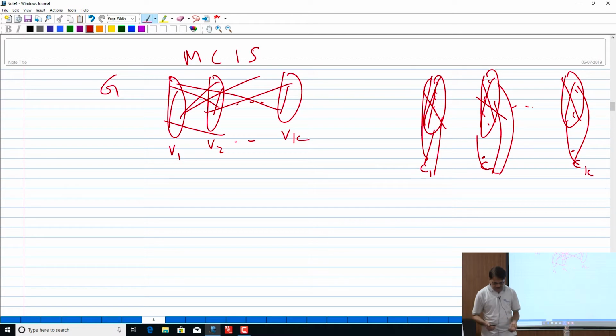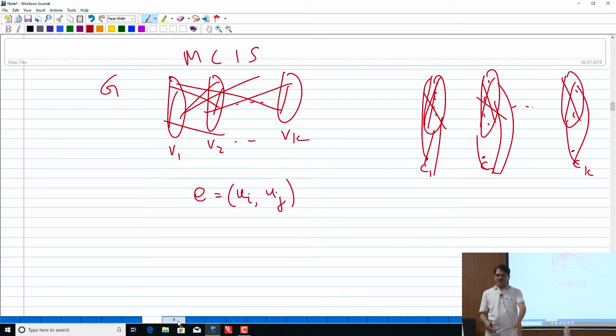So, every edge here, which is going, I mean, you can assume that these, yeah, it does not matter. Okay. So, any edge E which has some vertices ui, uj. So, that means this is coming from the vertex set Vi, this is coming from vertex set Vj.